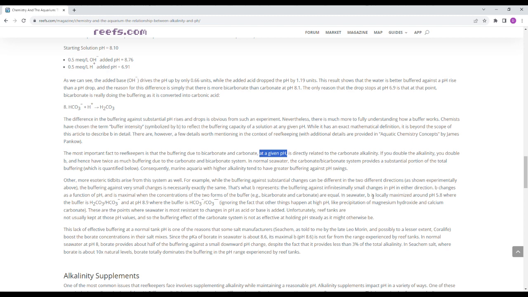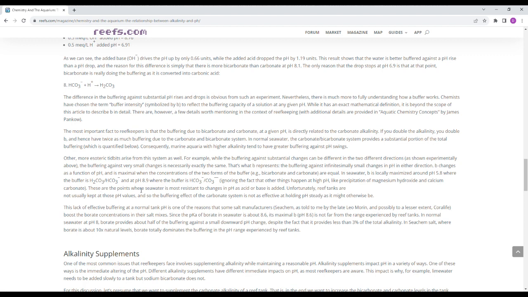In seawater, B is locally maximized around pH 5.8, where the buffer is carbonic acid and bicarbonate, and at pH 8.9, where the buffer is bicarbonate and carbonate, ignoring the fact that other things happen at high pH, like precipitation of magnesium hydroxide and calcium carbonate.